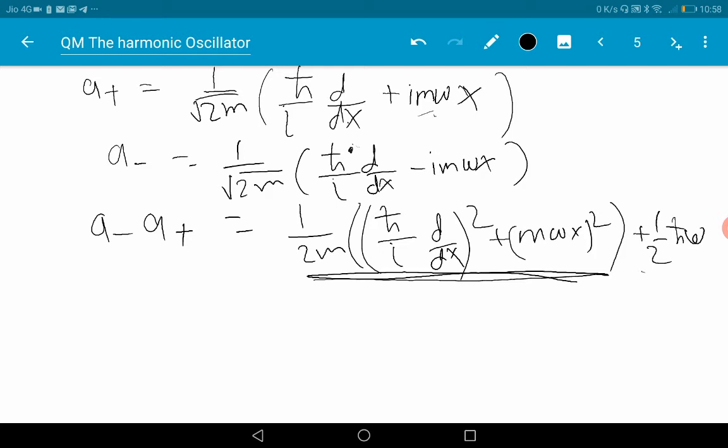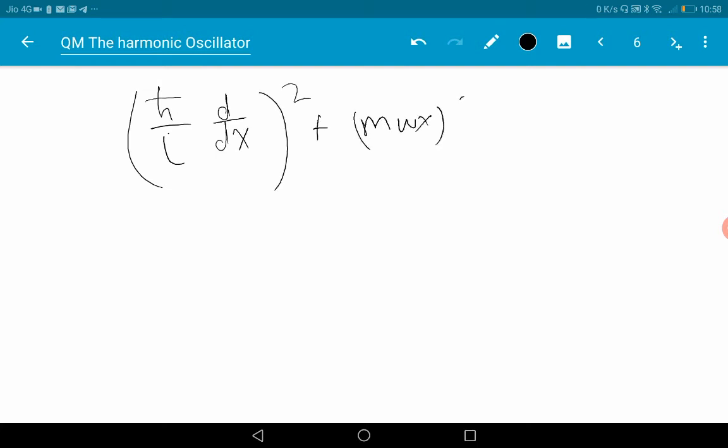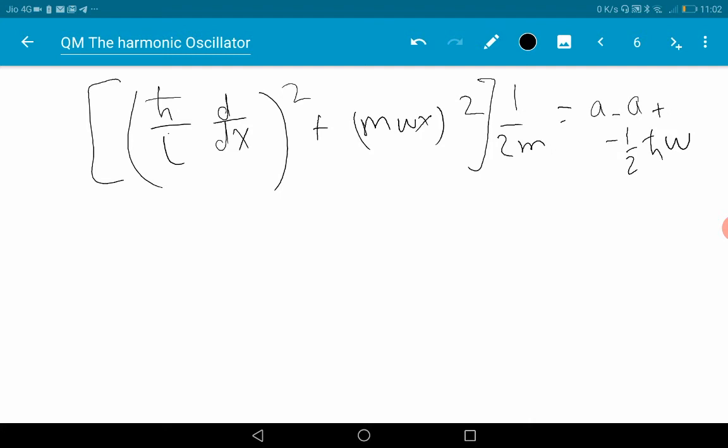So essentially we can say that ((h cross by i d by dx) whole squared plus (m omega x) whole squared) by 2m is equal to a minus a plus, minus half h cross omega.